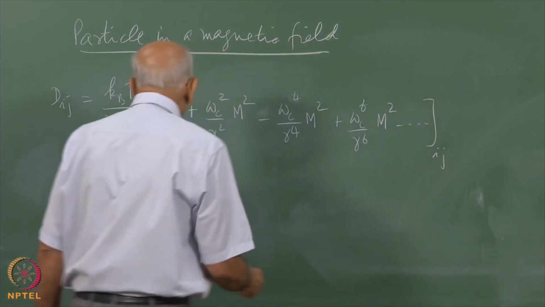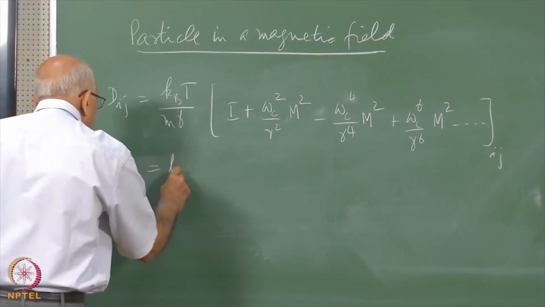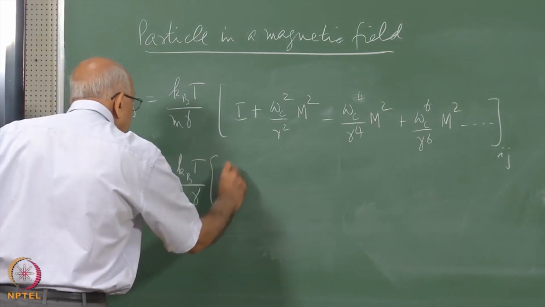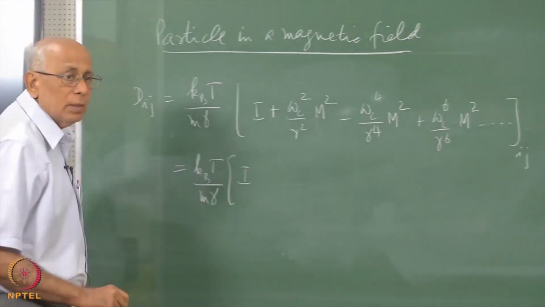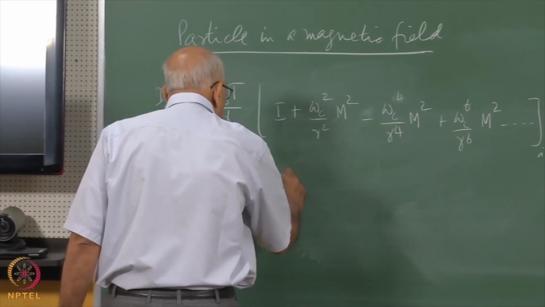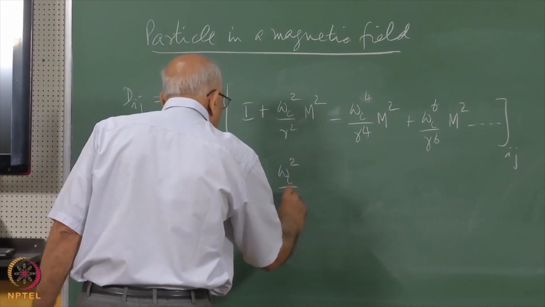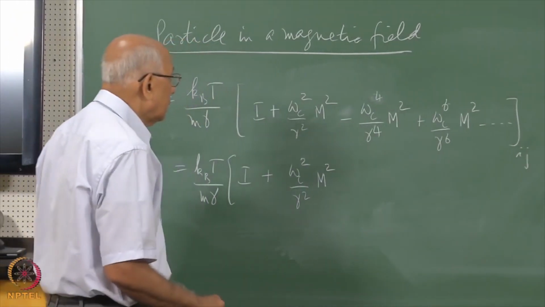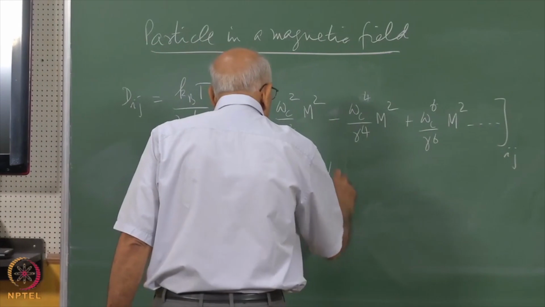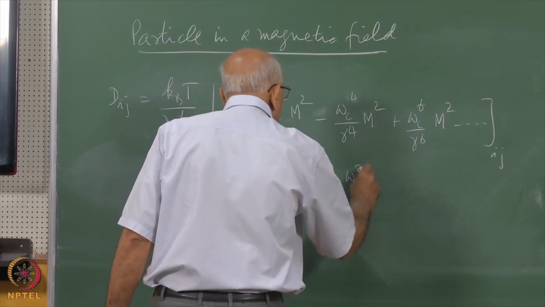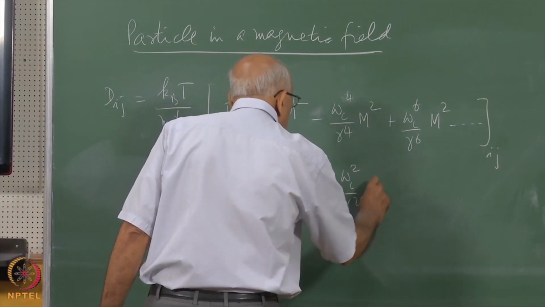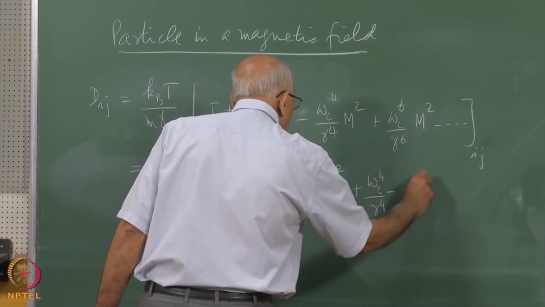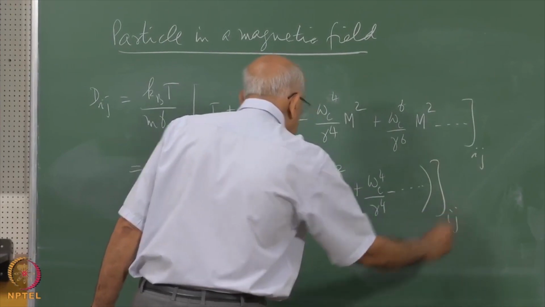The ijth element is equal to k Boltzmann T over m gamma times, there is an I of course that sits here, plus omega c squared over gamma squared m squared, we take that out, and then it is 1 minus omega c squared over gamma squared plus omega c to the 4 over gamma to the 4 minus dot dot dot, and then the ij.